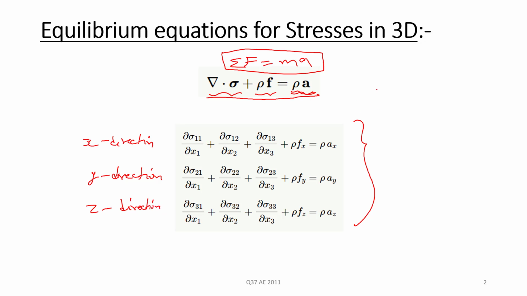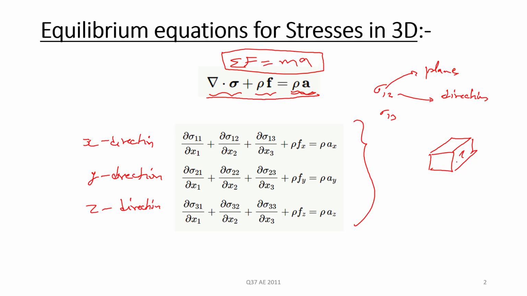In sigma 12 or sigma 13, the first index denotes the plane and the second one denotes the direction. Like this is the 3D body.